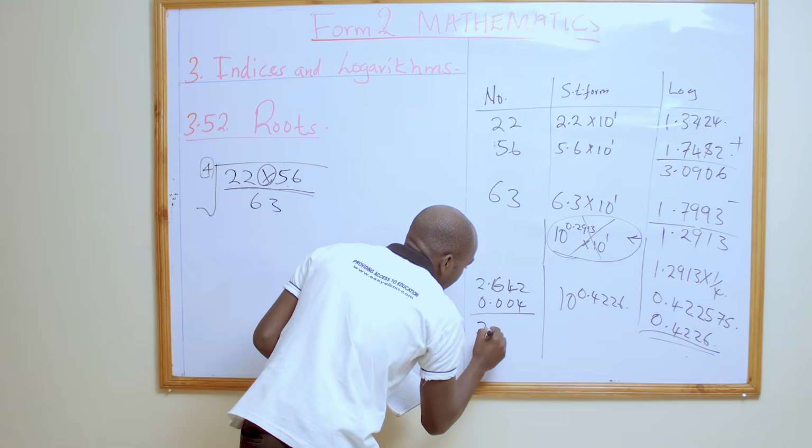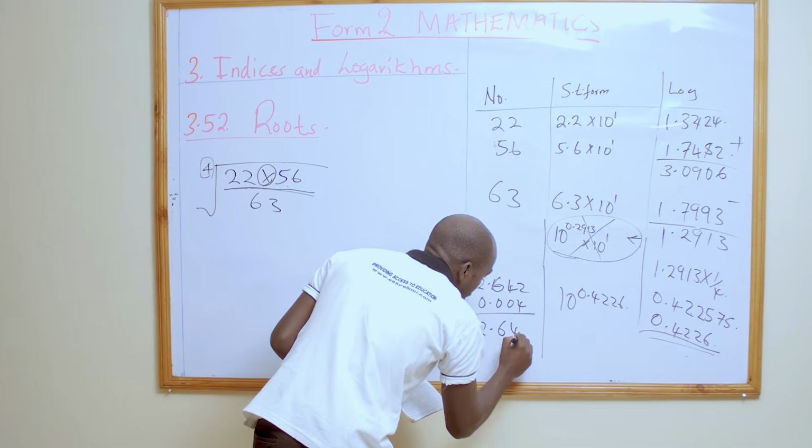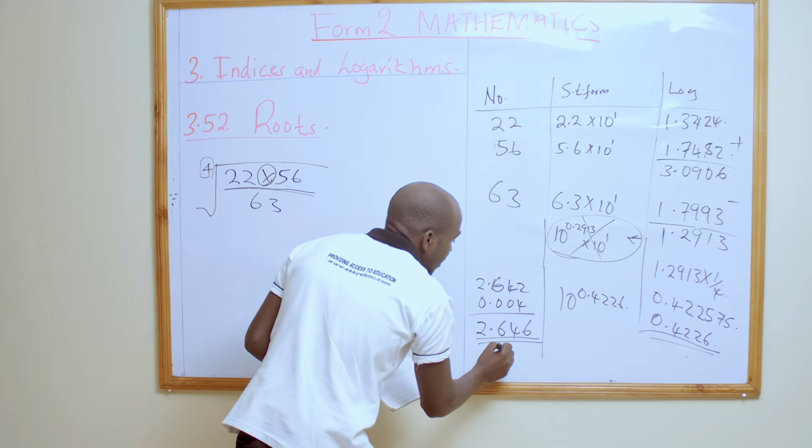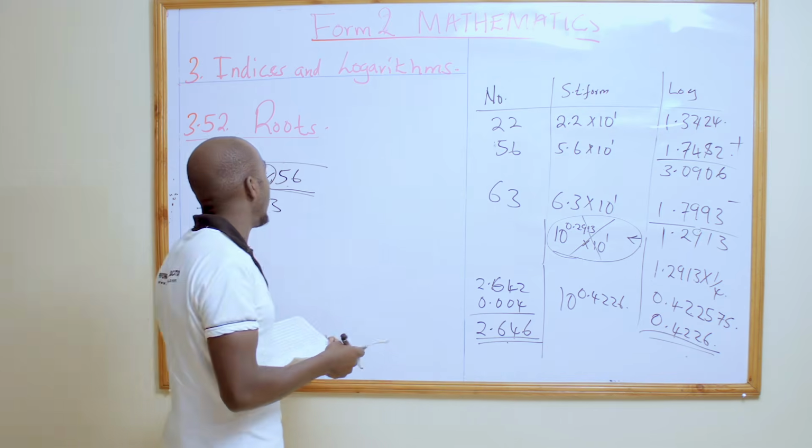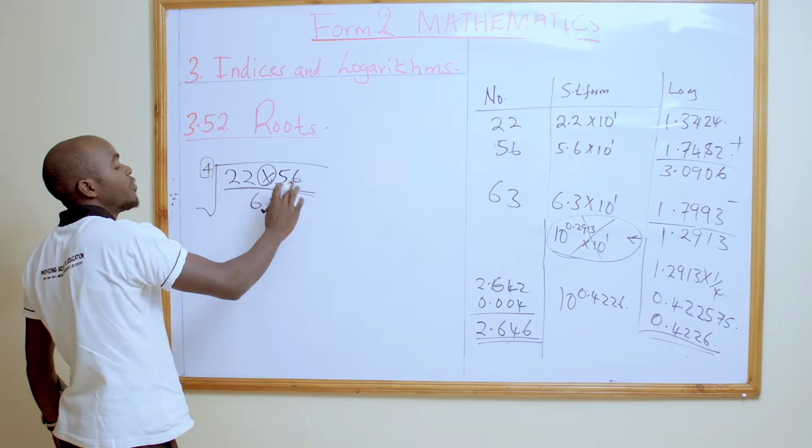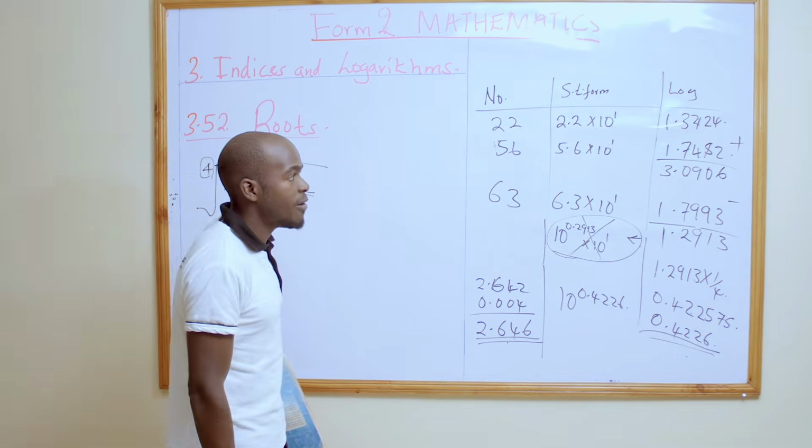So we are going to find the number 2.646. So this is the value to which you will find if you find the fourth root of the given value here.